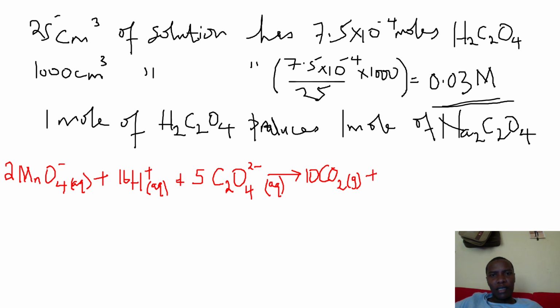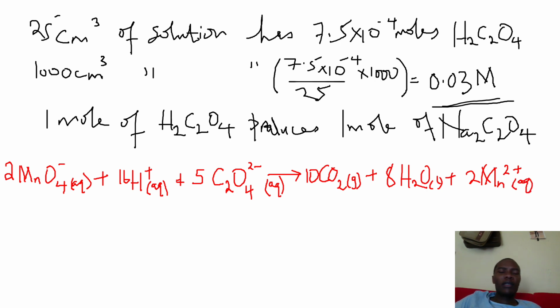It gives us 8 water molecules. This is the liquid, and it gives us also 2 manganese 2 ions, Mn2+ moles of manganese 2 ions. So we have this kind of an equation.